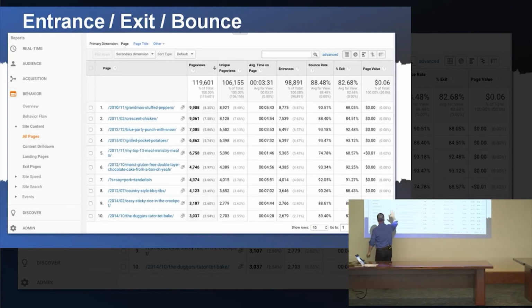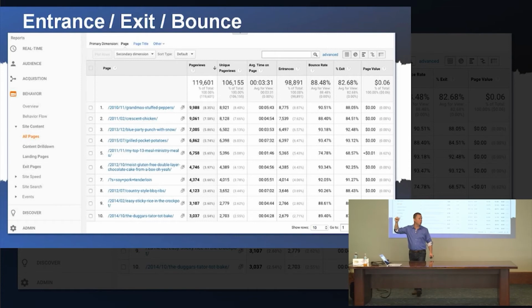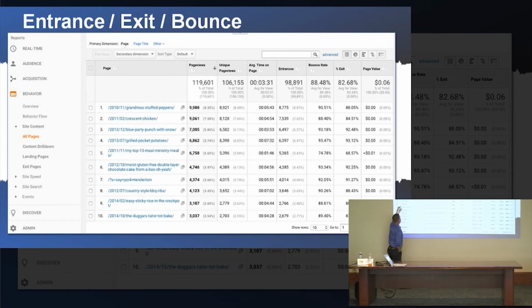Now, if I looked at landing pages, it would show me just the pages that appear in search, typically, or social referrals, or something like that. So it's based more on where people are coming from. So that's the difference between all pages and landing pages, is basically where people come from, all the pages on your website, their performance activity.